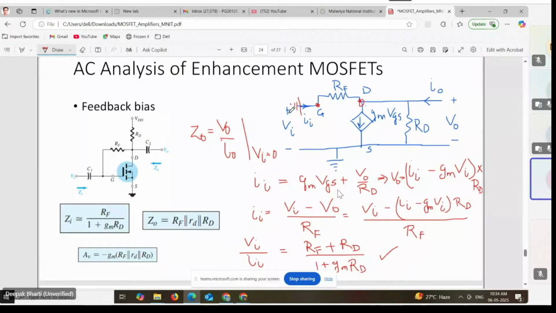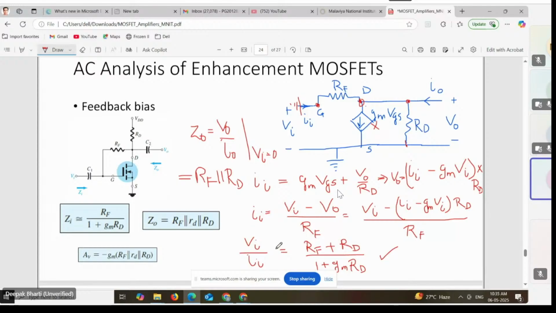And Vi or VGS, because Vi is equal to VGS in this network, so Vi is equal to 0, so VGS will also be 0. So this source will also vanish. So what will be left in the network? It will be RD and RF, which will be in parallel, because we can see that this end of RD and this end of RF are connected together, and this end of RD is at ground, and this end of RF is also at ground. So RD and RF are in parallel. So Z0 will become RF parallel RD.